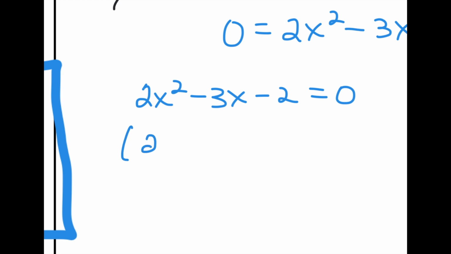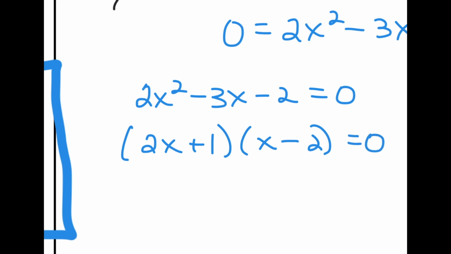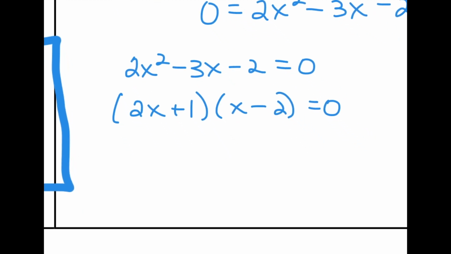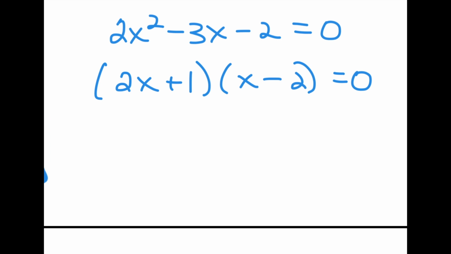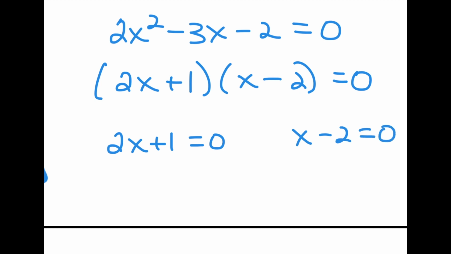And you should have gotten 2x plus 1 times x minus 2 equals 0. Set both of those factors equal to 0. Solve both of those equations.